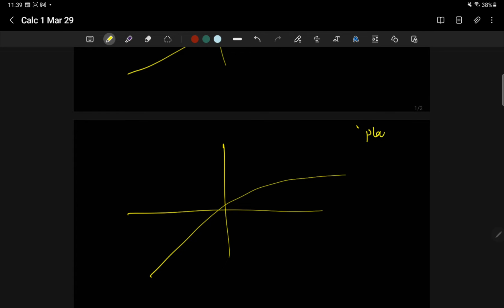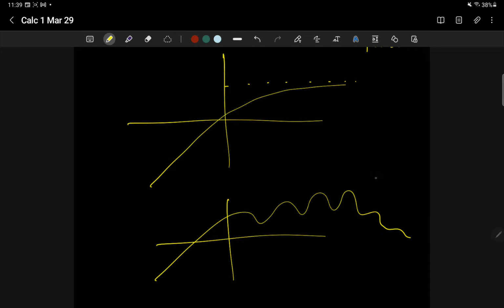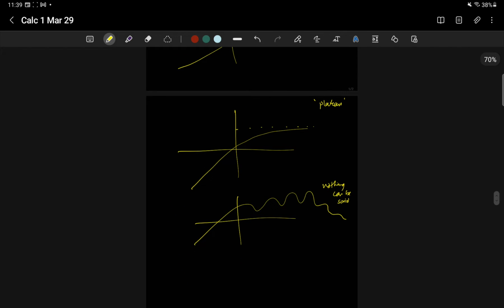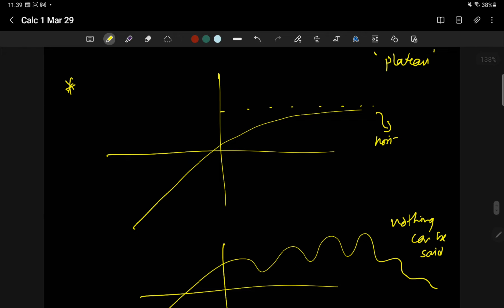It gets to a plateau. That's a possible case. And the third case is, well, some weird stuff happens, like nothing can be said. So these are the three possibilities, in which the first and the last are not that interesting. This one is interesting because this line which forms the plateau is called a horizontal asymptote, and that you have seen before in Math 140.